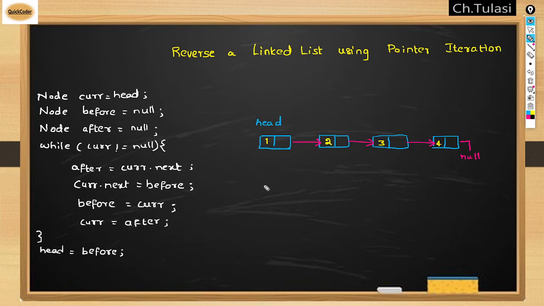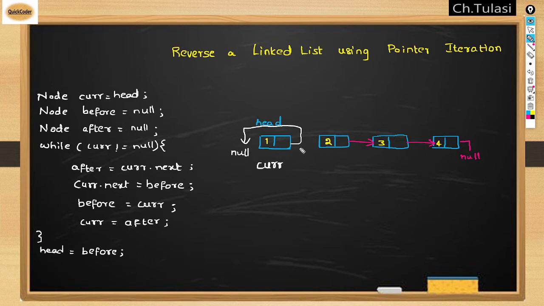Now initially, for example, this is my current node. I just want to change this next pointer to here. What I will do is break this, and I can do it like current dot next is equal to null.